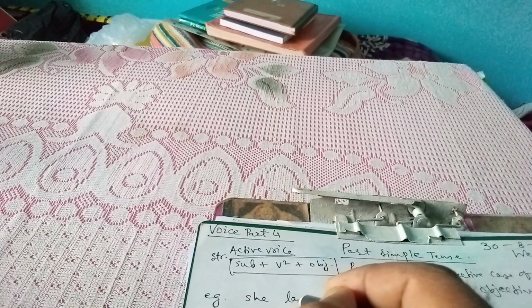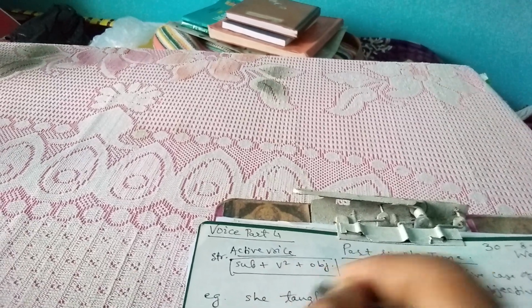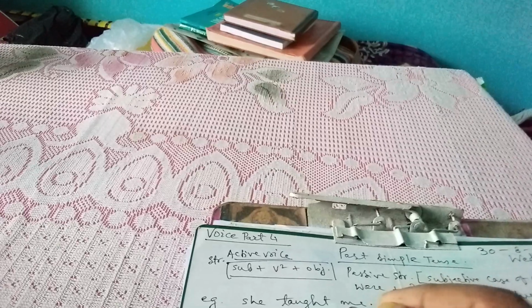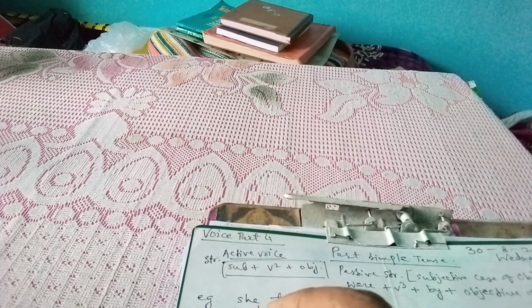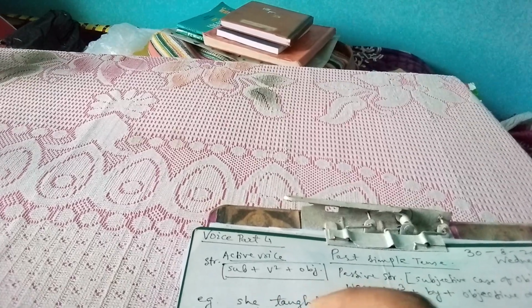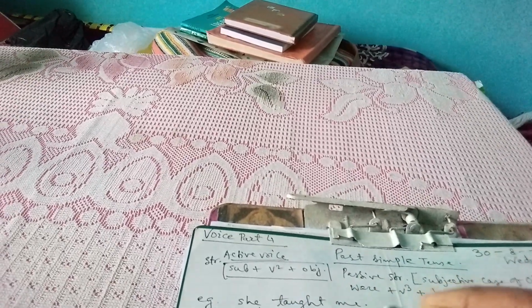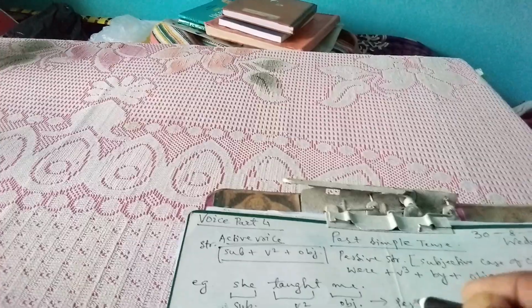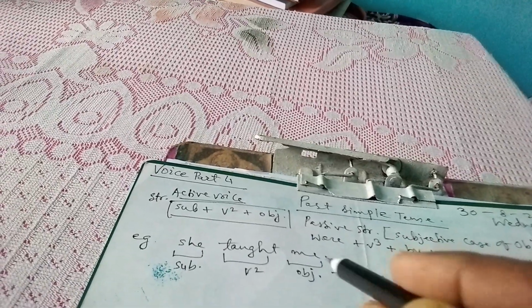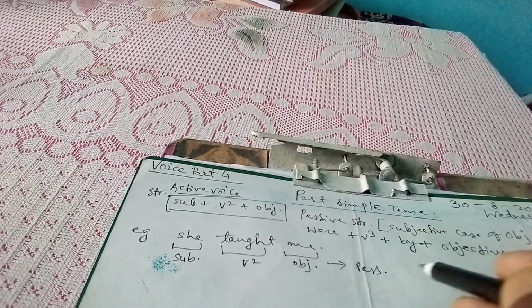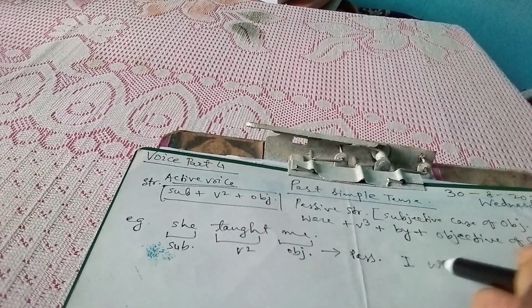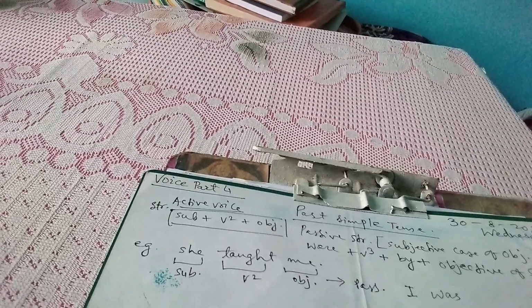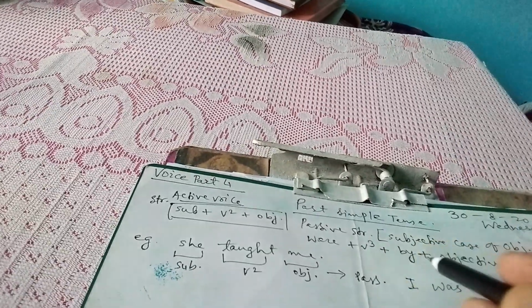She taught me. Here you find this is an object and this is subject. This is V2. So when we are making it passive, then object's subjective case. So the subjective case of me is I, and with I we use was, and then we have to use V3 according to the structure.